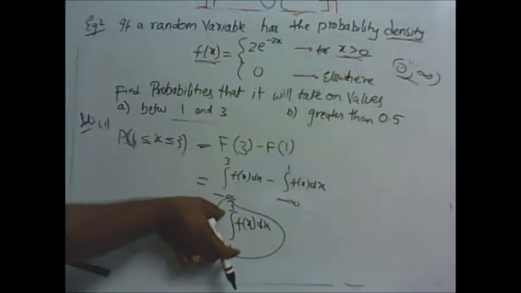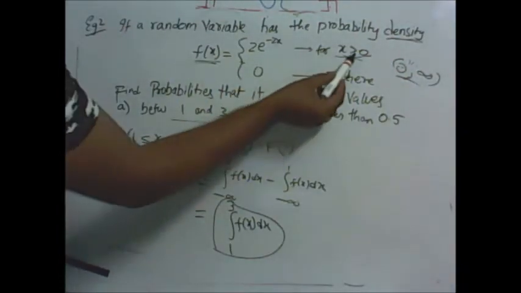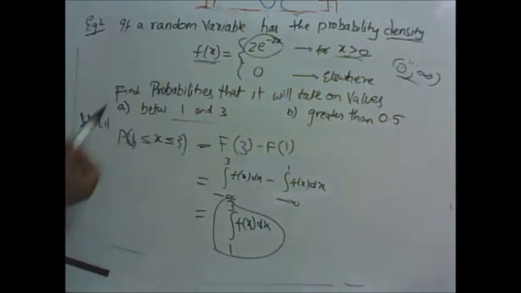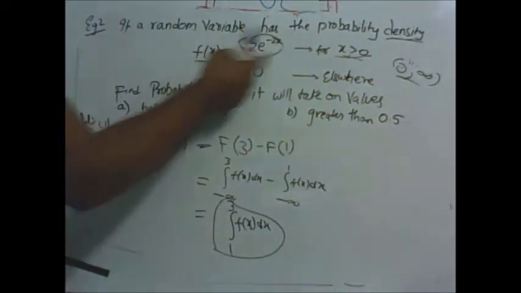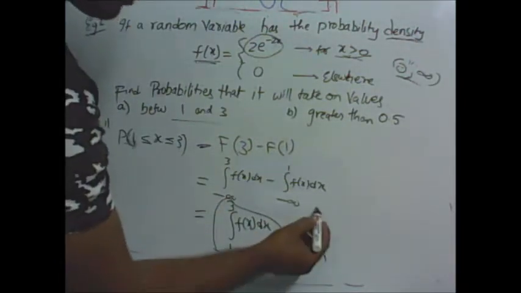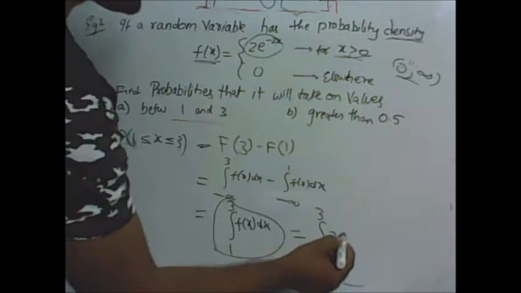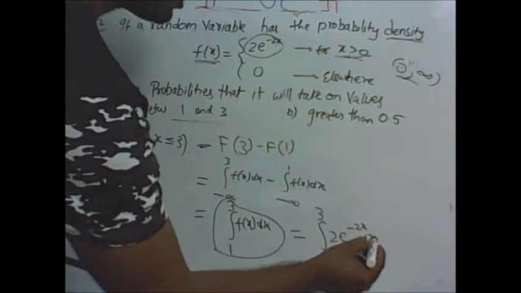Now, from 1 to 3 we have to check whether the function is defined. For x greater than 0, everywhere it is 2 into e power minus 2x, so it is defined with a single function. We can directly write the integral from 1 to 3 of 2 into e power minus 2x dx.